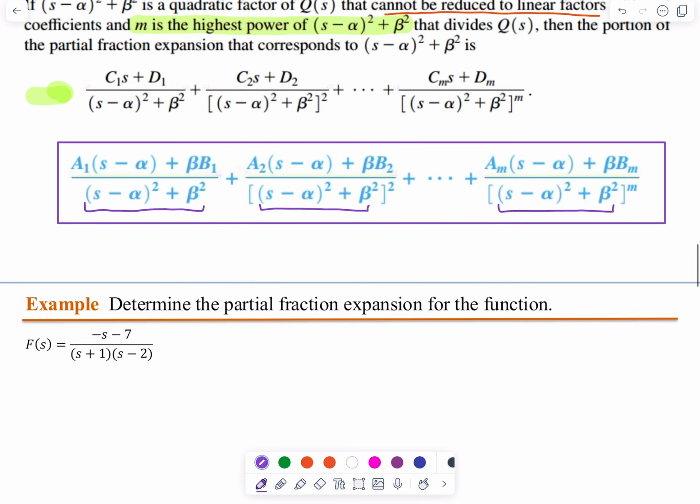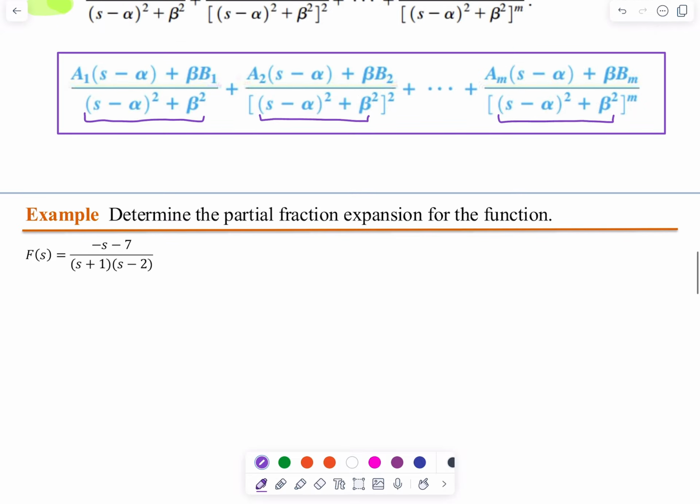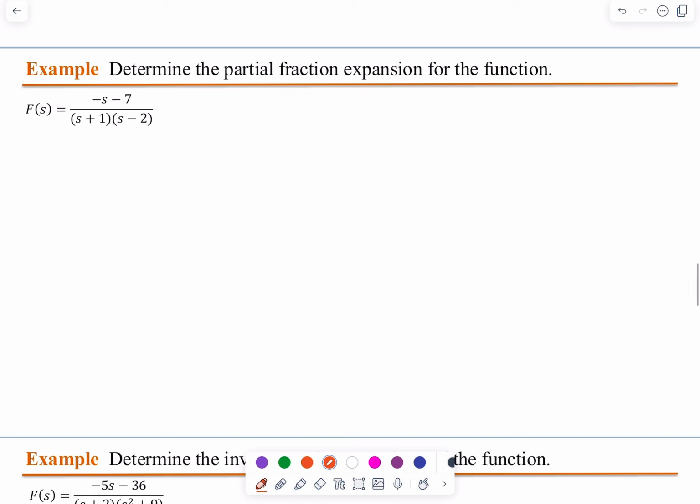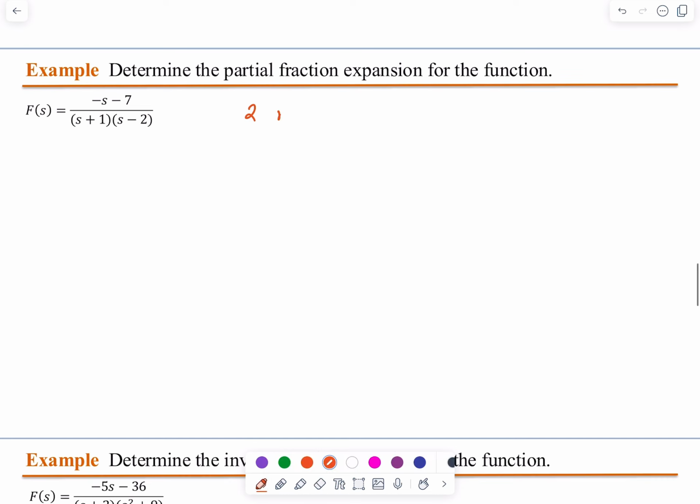Let's see what we have here in our first example. As you can see, we have two distinct linear factors, non-repeated linear factors. So that would be our first case.